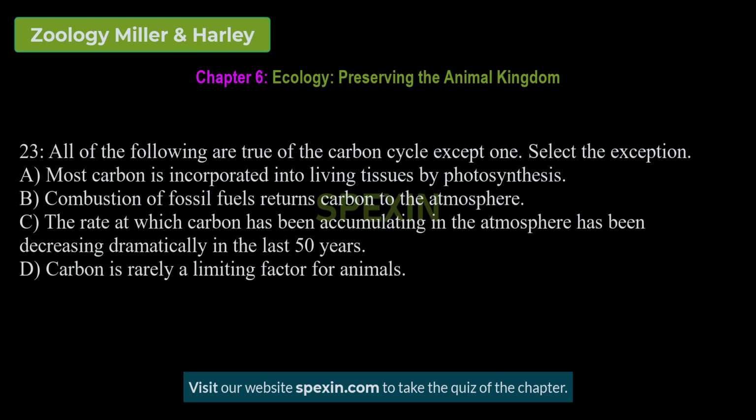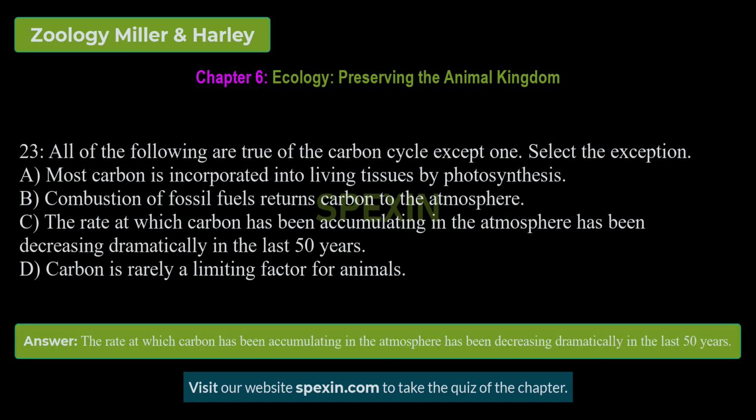Select the exception. Most carbon is incorporated into living tissues by photosynthesis. Combustion of fossil fuels returns carbon to the atmosphere. The rate at which carbon has been accumulating in the atmosphere has been decreasing dramatically in the last 50 years. Carbon is rarely a limiting factor for animals. Correct answer: the rate at which carbon has been accumulating in the atmosphere has been decreasing dramatically in the last 50 years.